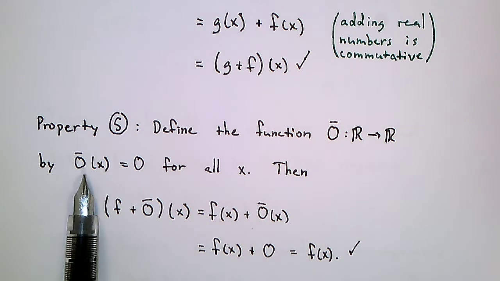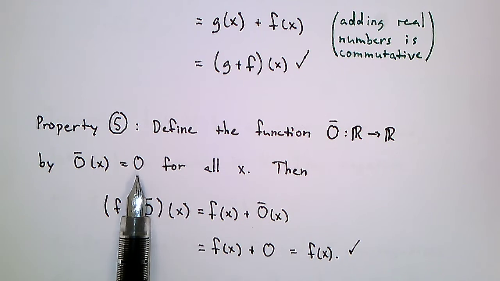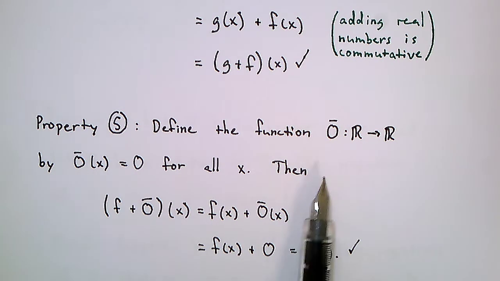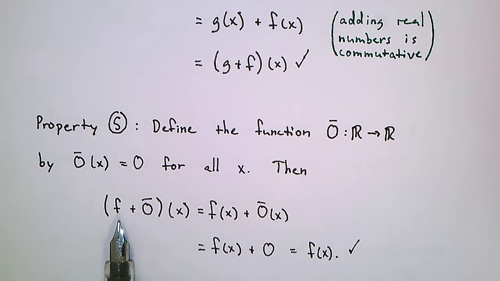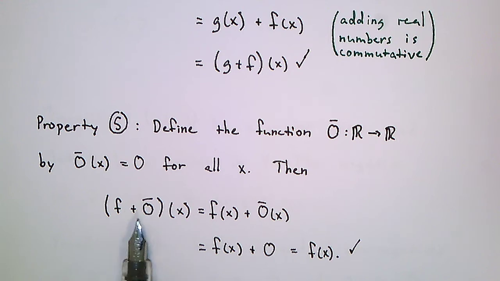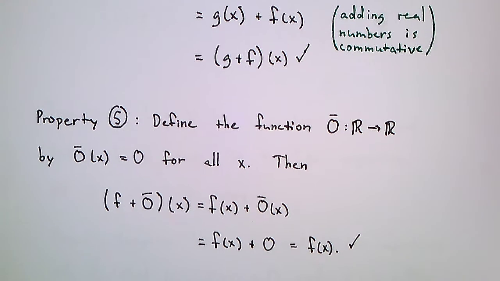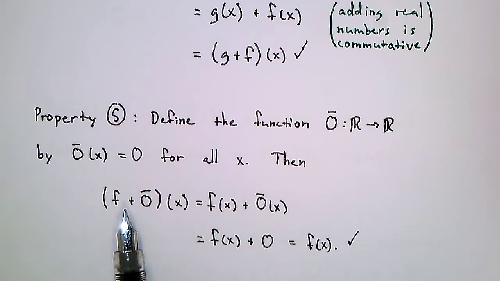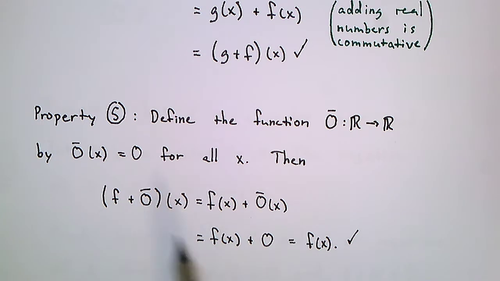What this function is going to do for any x that I plug in is just give me 0. So next I need to see what happens when I add my 0 function to another function f. In order to check, we have to plug something in. So I have an x here, and using the definition of addition, I have to plug it into both functions separately.